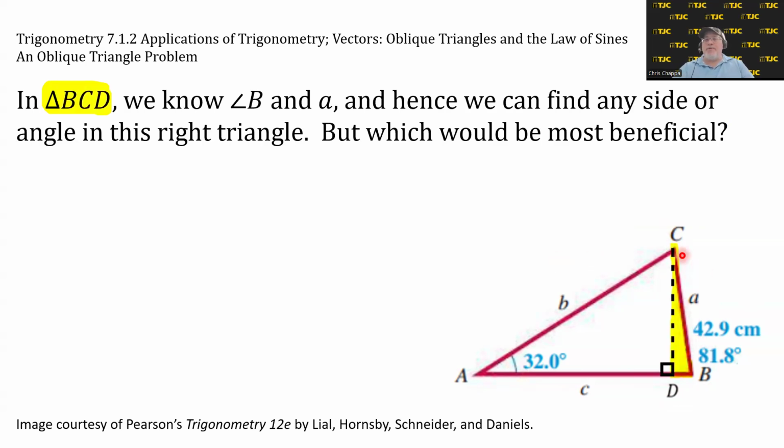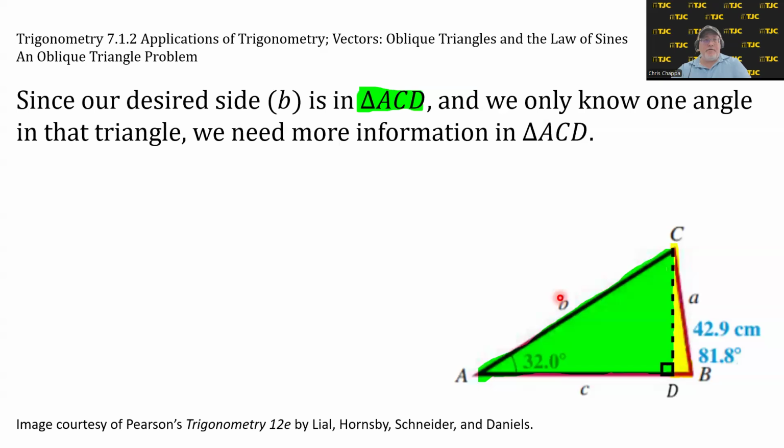Notice that this forms not one, but two right triangles, ACD on the left and BCD on the right. In triangle BCD, we know angle B and we know side a, so we can use right triangle trigonometry to find any side or angle in this right triangle. But which would be most beneficial? Think about what we're looking for, side b. Since side b is in triangle ACD, the green one, and we know only one angle in that triangle, angle A, we need more information.